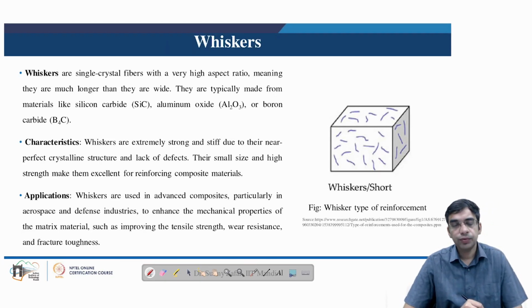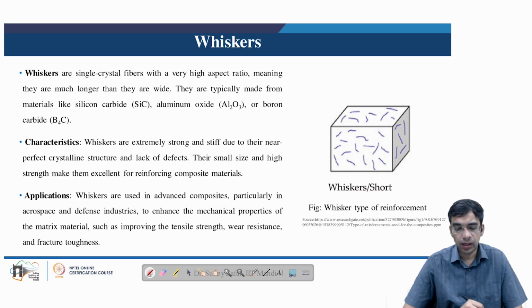Next is the use of whiskers in composites. Whiskers are basically single crystal fibers with very high aspect ratio. They are typically made up of ceramic materials like silicon carbide, aluminum oxide or boron carbide, and it is the purity of the whiskers which renders very high properties, because of the extremely low number of defects per unit volume.